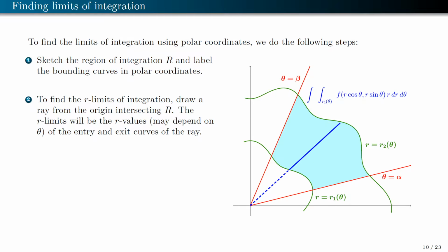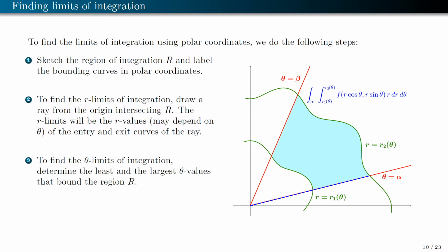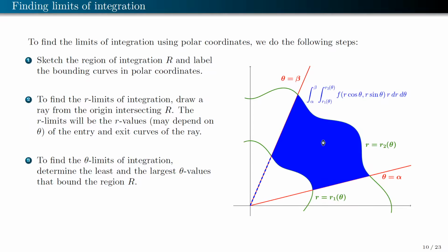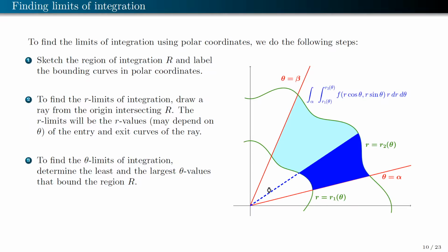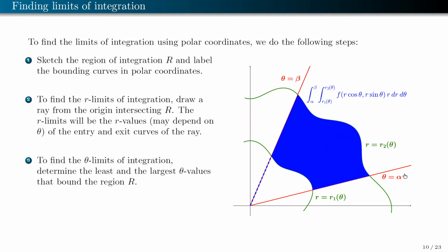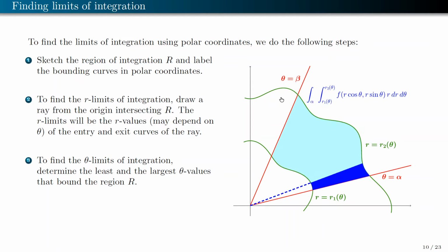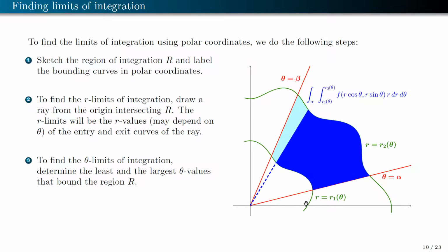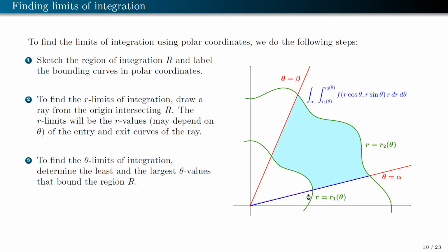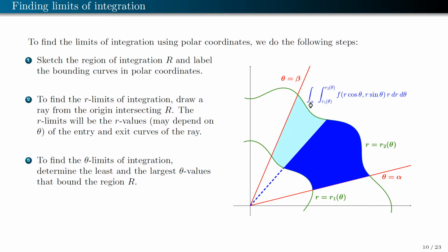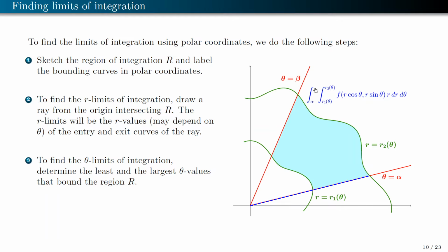Tapos, to determine the bounds for theta, tingnan lang natin yung region, tapos tingnan natin kung anong angles yung covered niya. So, take note for this illustration, yung angles covered here ay from theta equals alpha to theta equals beta. Tapos, pakialala na lagi, ang pag-measure natin sa theta ay counterclockwise. So that, yung lower bound na alpha, lagi dapat na mas maliit siya dun sa beta.